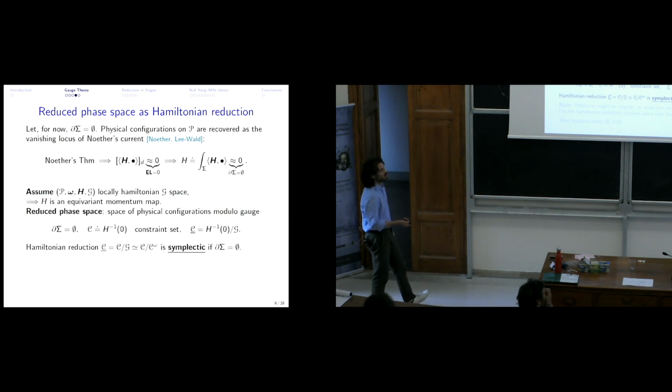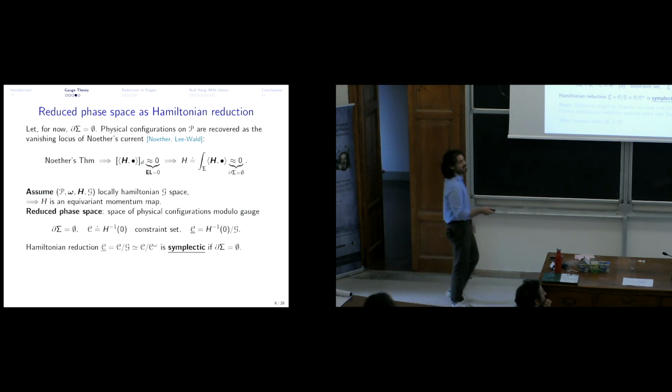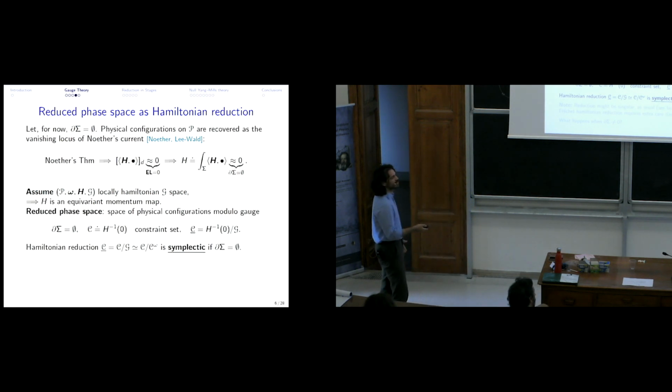Because this is a zero level set of a momentum map, this quotient is symplectic, and this is why we say that on a codimension 1 hypersurface, in good cases, I get a symplectic manifold.